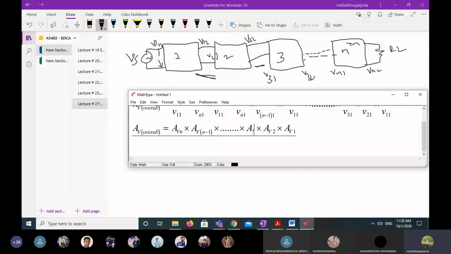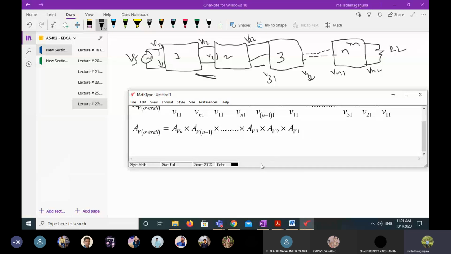So this is the overall voltage gain. The overall voltage gain is equal to the product of the individual voltage gains. If you have a single stage amplifier, the gain is output by input. If we have a multi-stage amplifier, the output of the last stage by the input of the first stage, we convert in such a way that in terms of individual stages, you can convert like this.